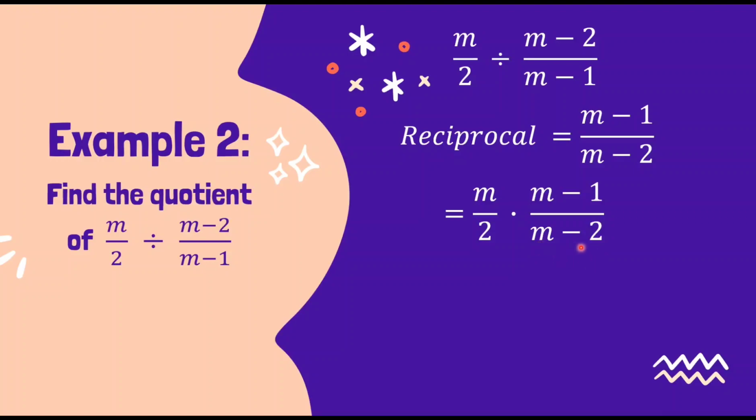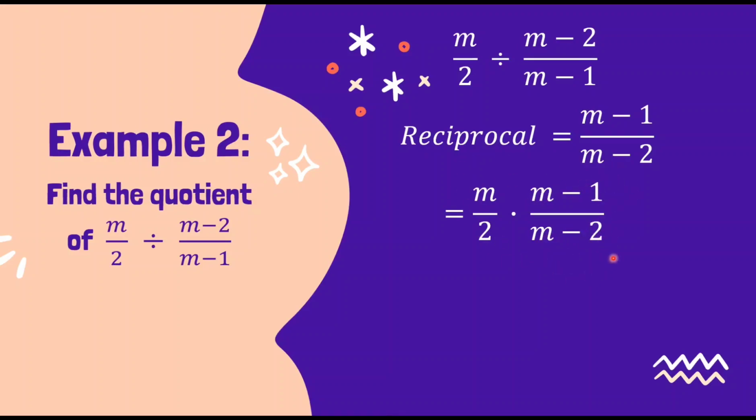So, siya ay binomial. So, hindi sila common. Though may m dito at may m dito, makakancel nyo na siya? Hindi pwede. Ito rin. You cannot cancel m and m kasi siya ay binomial. So, maliban na lang kung ito ay m minus 1 at ito ay m minus 1 din. So, you can cancel the common factor.